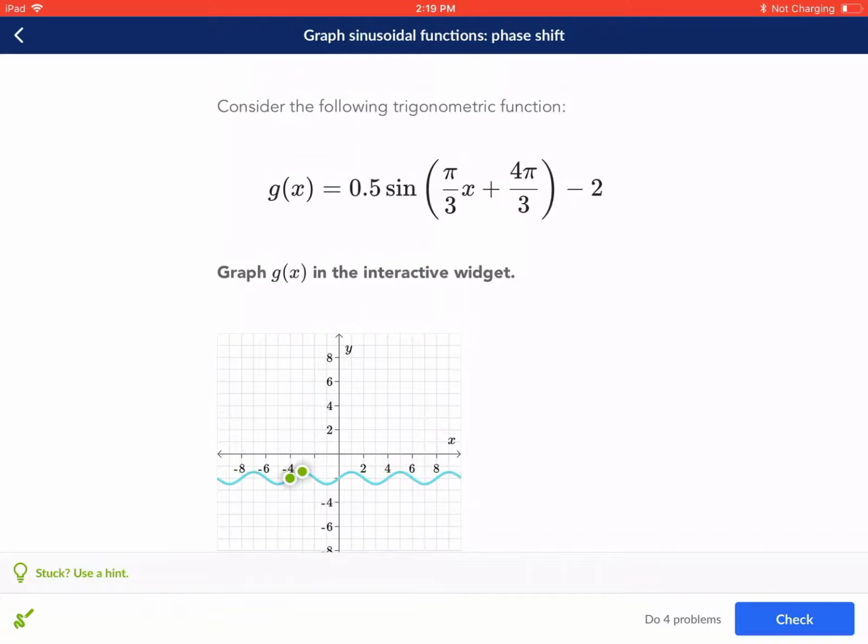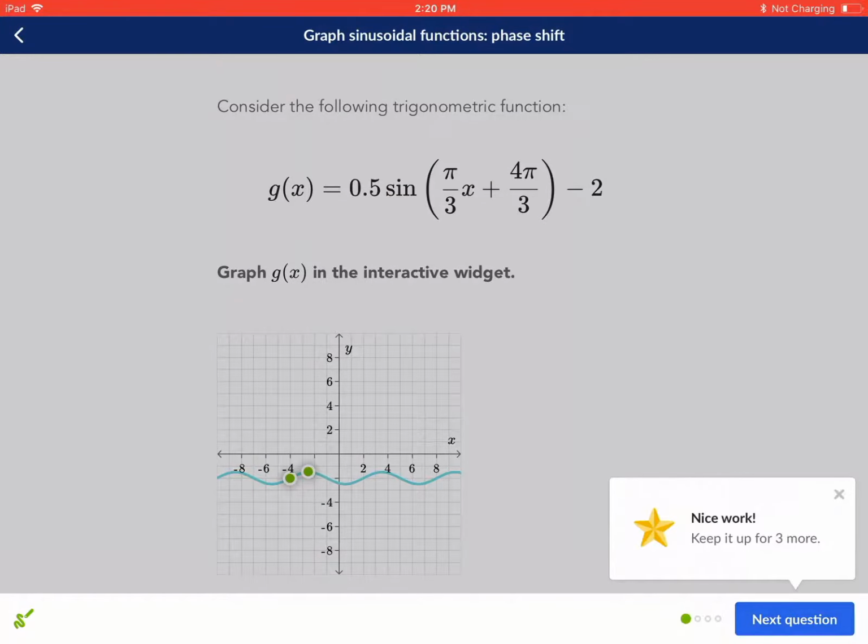Not quite, so we want to go up, down, so I got to move this over a little bit more. Not quite yet. Yeah, that gets us there. We go up, we go back down, and we're back at 2.